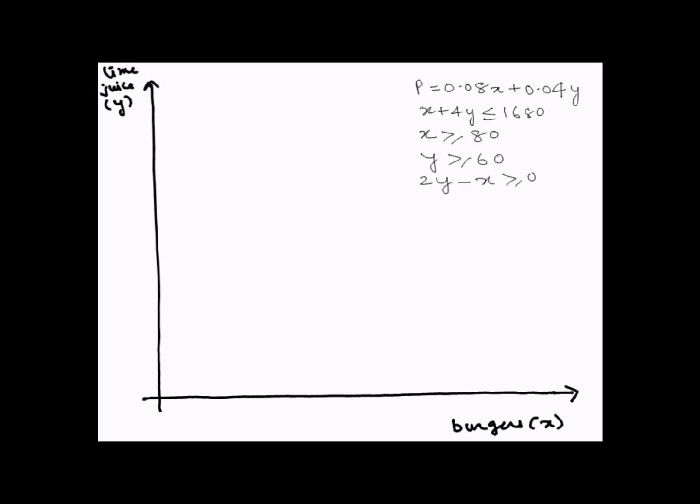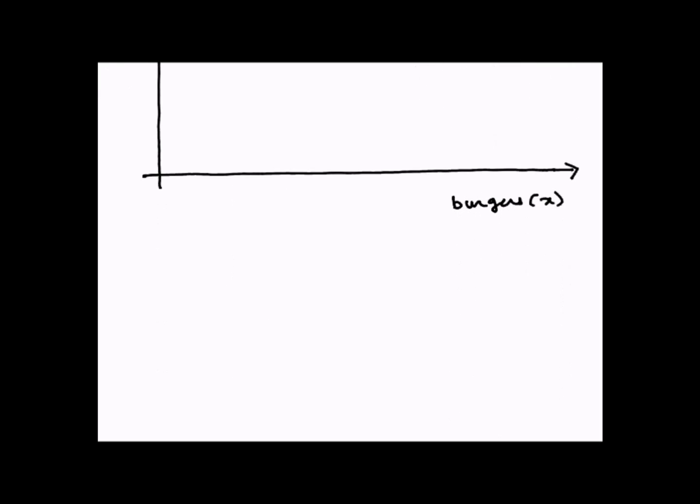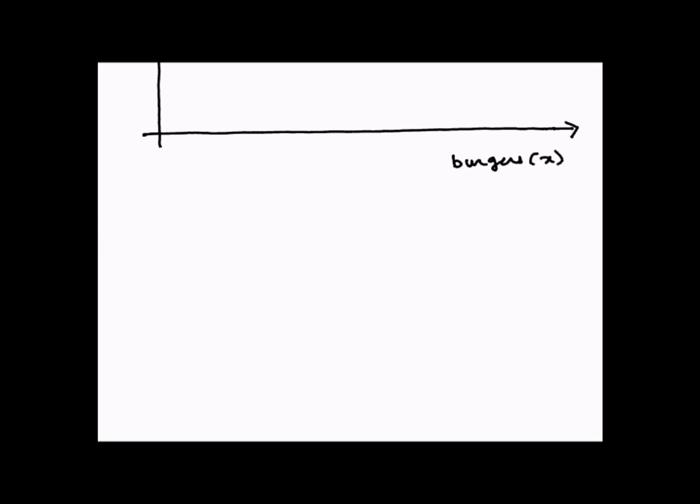So let us start doing that with the first equation, which is x plus 4y is equal to 1680.